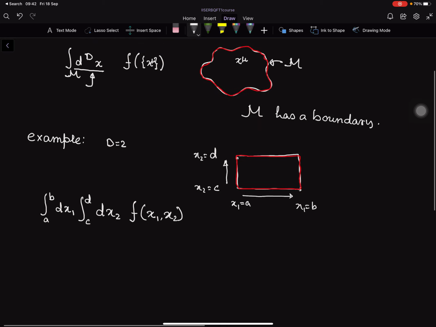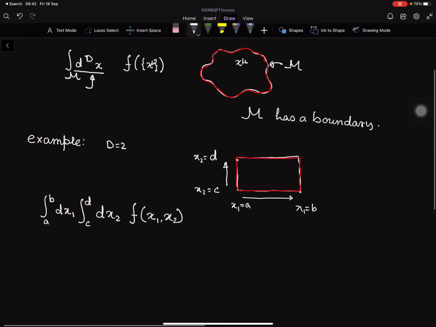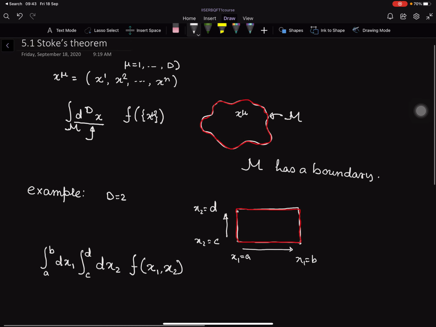Now let's say we are interested in a very special case where this function f can be written in the following way.